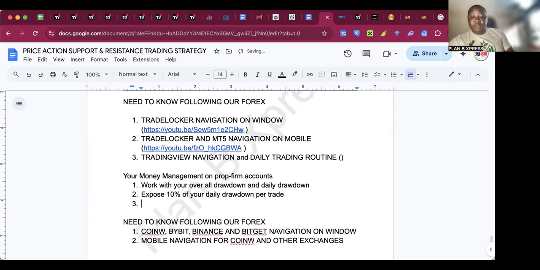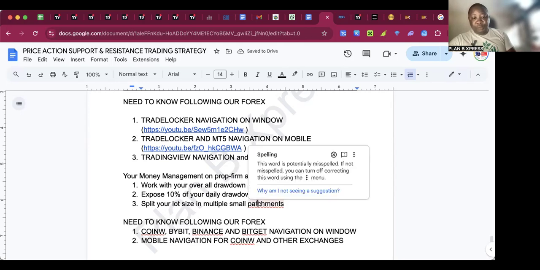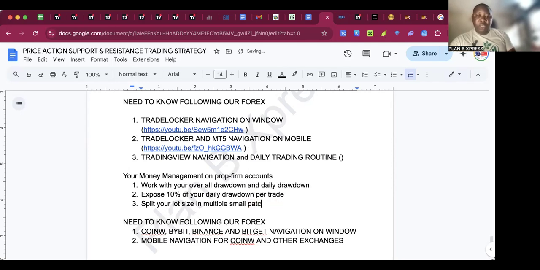Okay, next is split your lot size in multiple small parchments, in multiple small sizes. Okay, I hope my English is not too much.